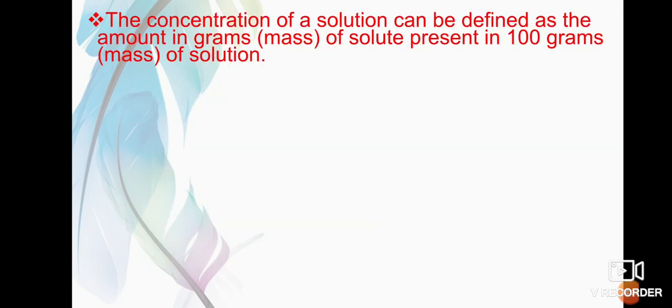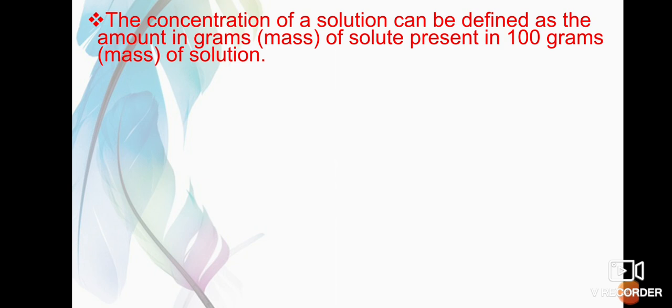So the concentration of a solution can be defined as the amount in grams of solute present in 100 grams of solution, and this is the mass by mass percentage of a solution. Means if you are taking two solid components, then how can we calculate the concentration of a solution?